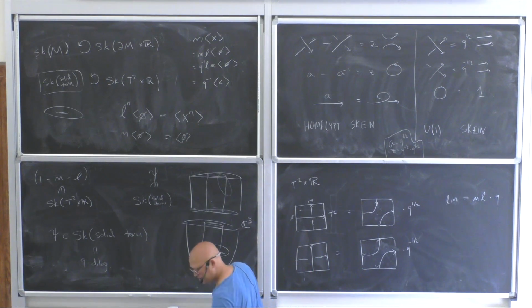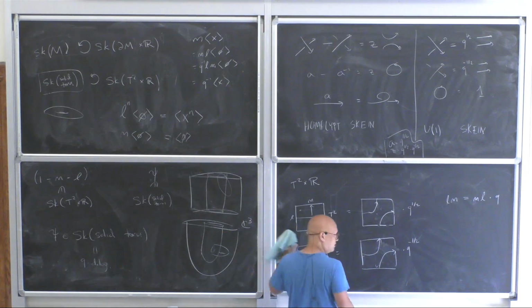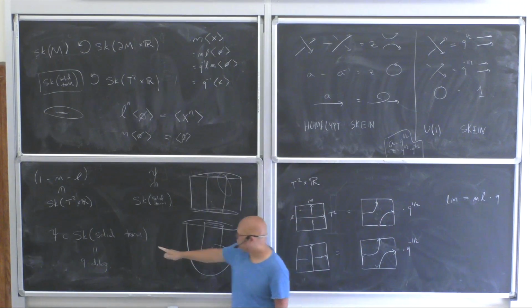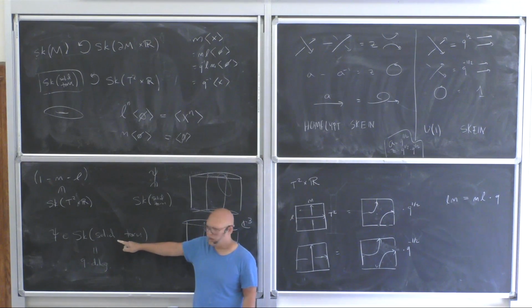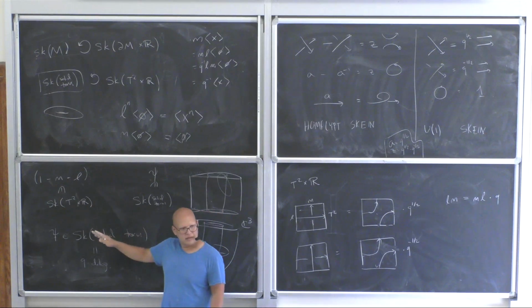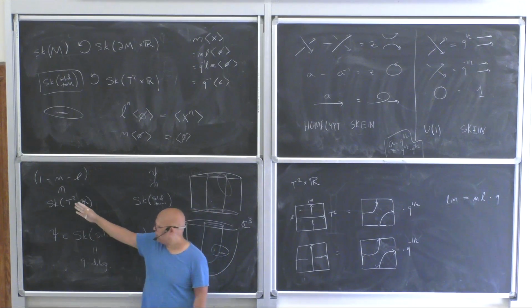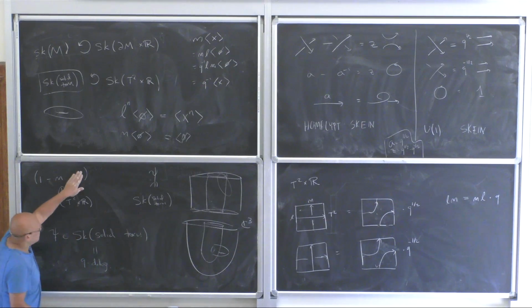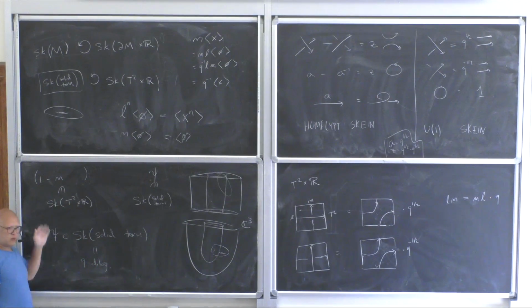Let me continue. M is contractible in the solid torus. Suppose I study this operator, and I ask what solves this equation. Then 0 solves this equation, and any scalar solves this equation.